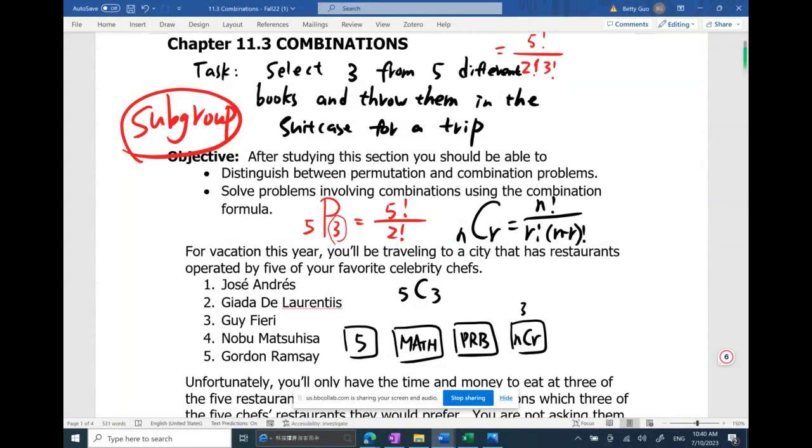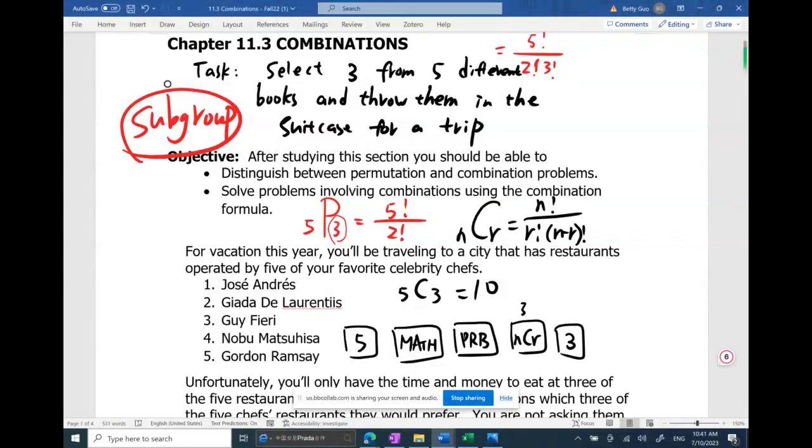You enter that, then enter 3, and then enter, and it gives you 10. So there are 10 different ways to select 3 from the 5 different books and travel with you. Just select a subgroup.